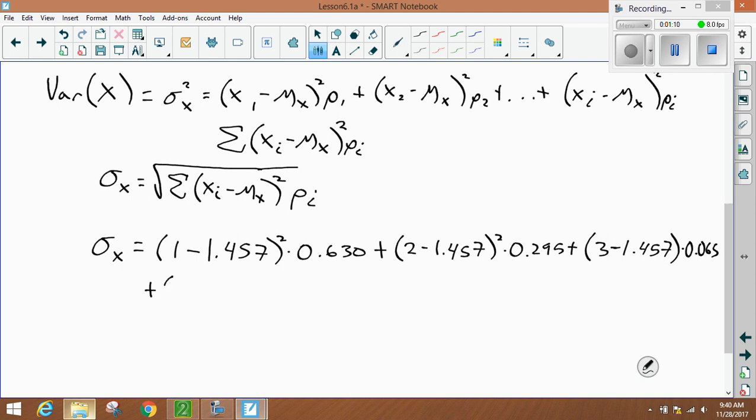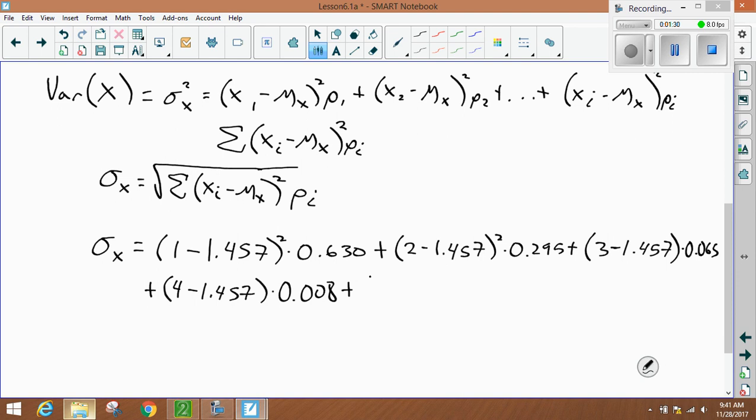So we have our probability. So x equals 4 minus the mean times the probability that a person chosen at random speaks 4 languages.